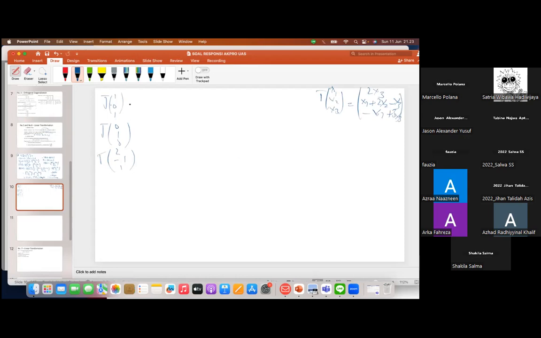That's the transformation. I already calculated in advance, so I just need to write down the values in order to save time. So if we plug in the old basis, we're going to get this.